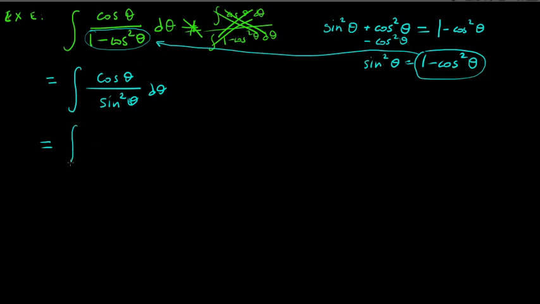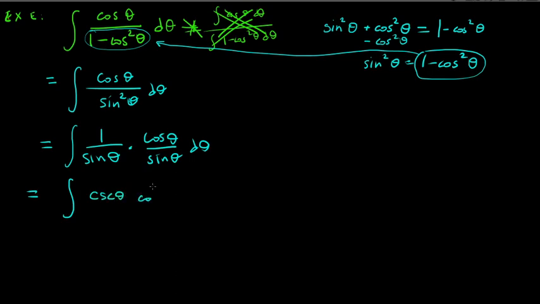So why don't we think of this as 1 over sine, times the cosine over the sine? Effectively, I did split this up, but as a product. After all, sine times sine is sine squared. Remember, 1 over sine is cosecant of theta, and cosine over sine is cotangent of theta.